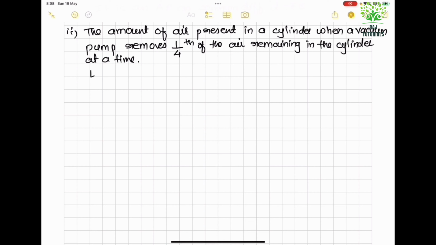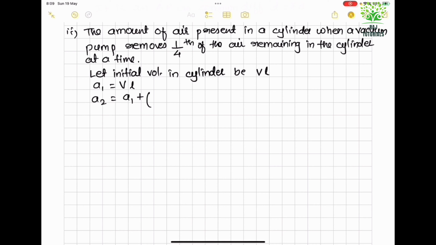So see how I can do. Let the initial volume in the cylinder be V liters. So that means A1 is V liters. Now A2 will be A1 plus, every time I am removing 1/4.